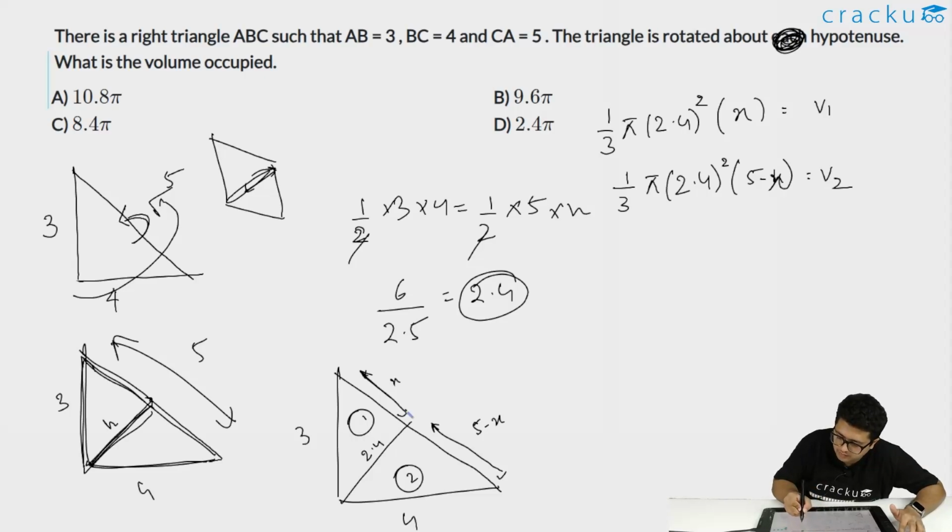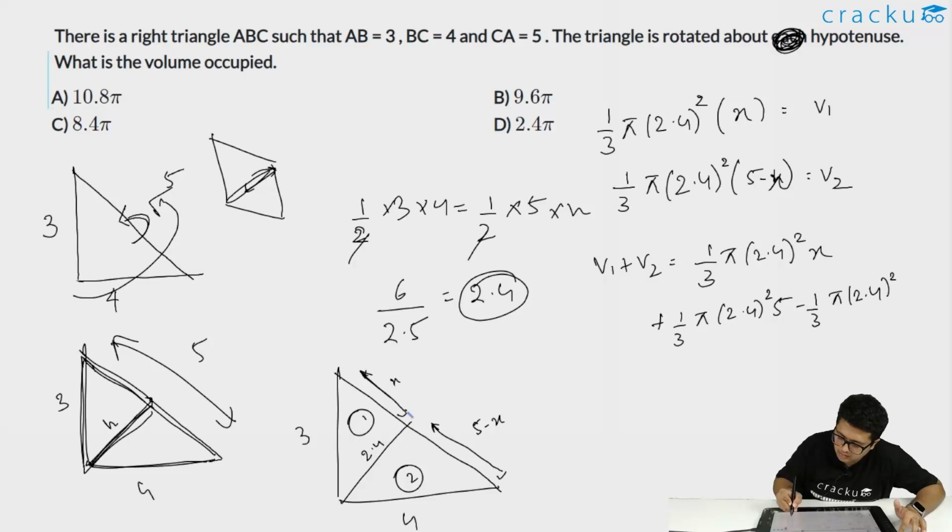So volume 1 plus volume 2 will be 1 by 3 pi 2.4 whole square into x plus 1 by 3 pi 2.4 whole square into 5 minus 1 by 3 pi 2.4 whole square into x. These two values are equal, so you can cancel that.